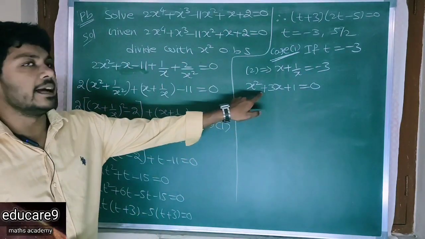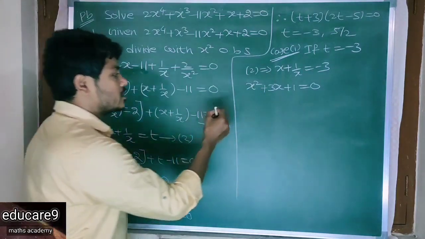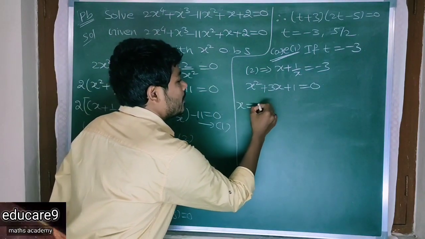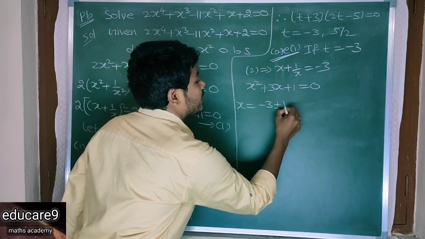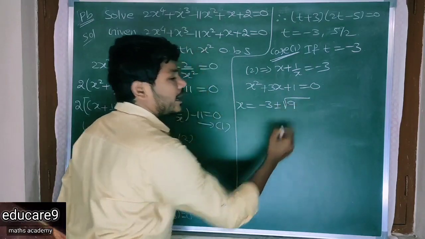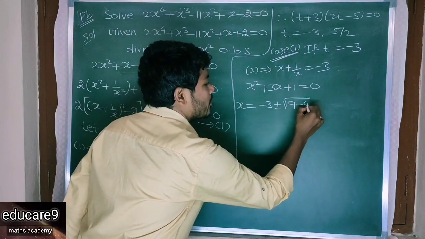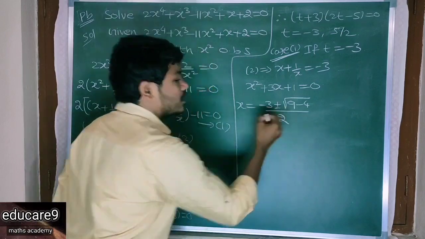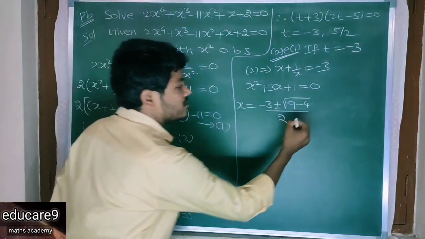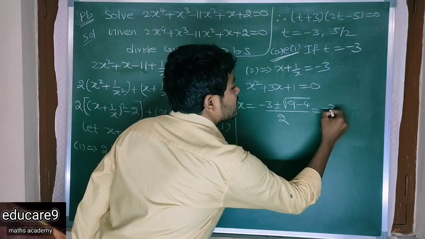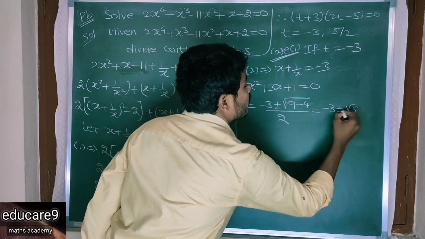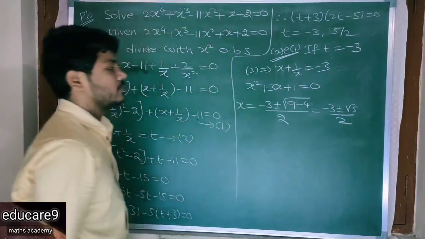Now find your roots. So that is x is equal to minus 3 plus or minus root of b square, 9 minus 4, by 2a, that is 2. So this is minus 3 plus or minus root 5 by 2.